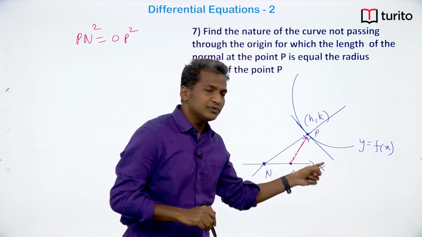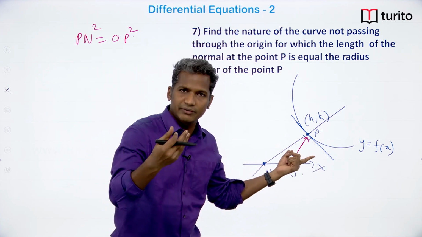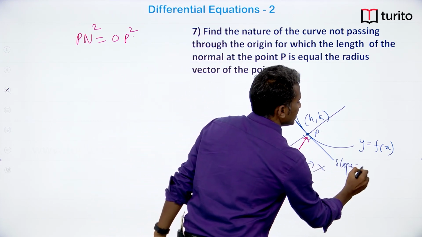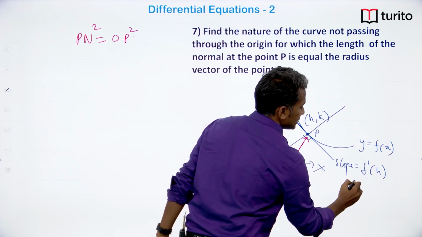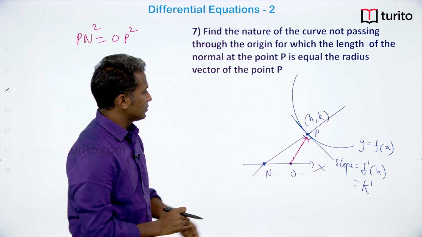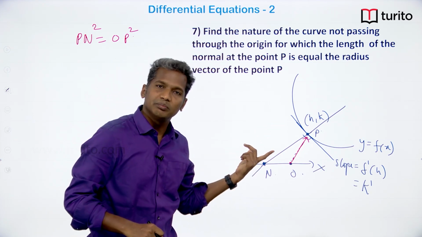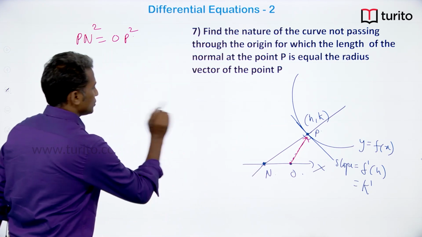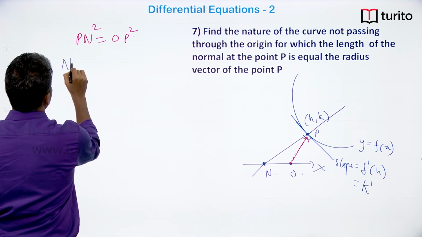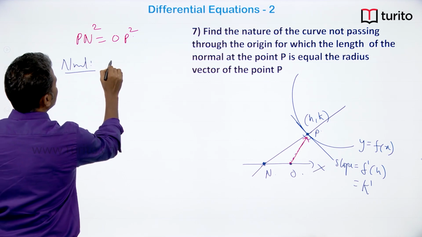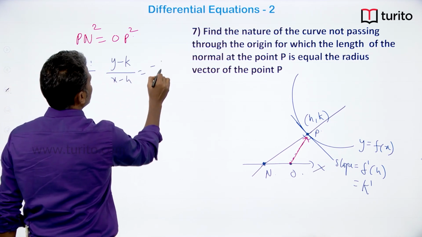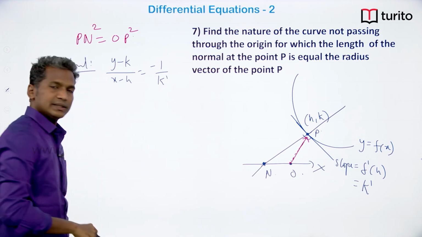After that, the slope of the tangent will become the derivative at that point. So slope of the tangent is basically f dash of h. Let's say I name this as k dash. So that means slope of normal will be minus 1 by k dash. So equation of normal is going to be (y minus k) by (x minus h) equal to minus 1 by k dash.